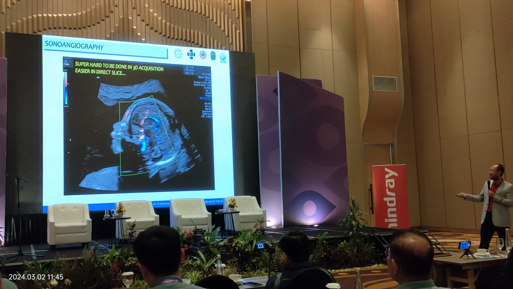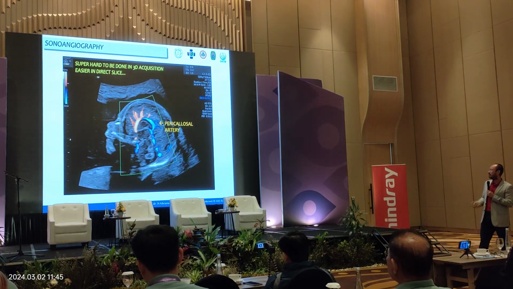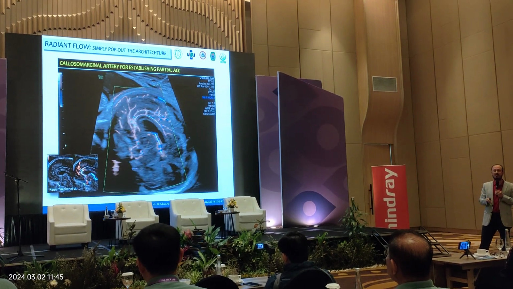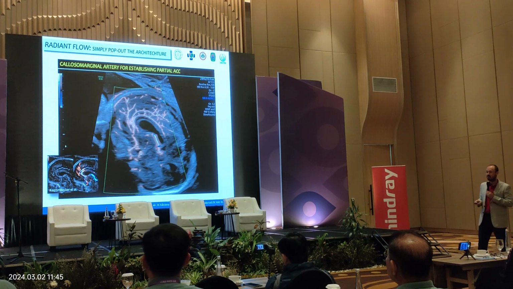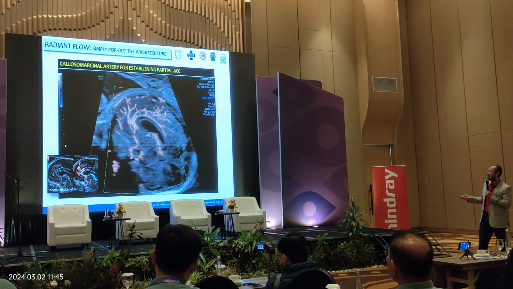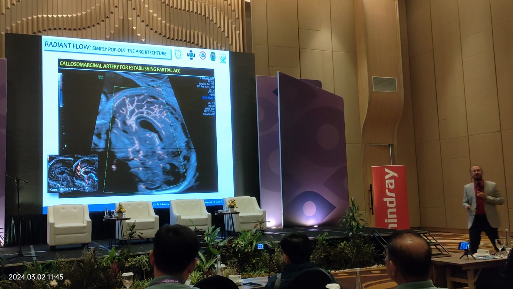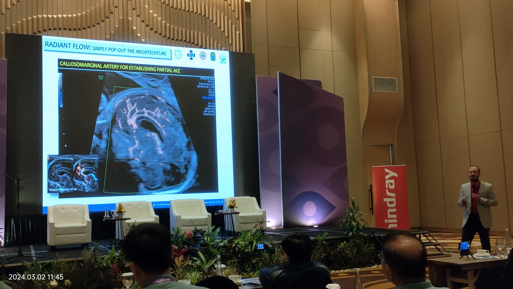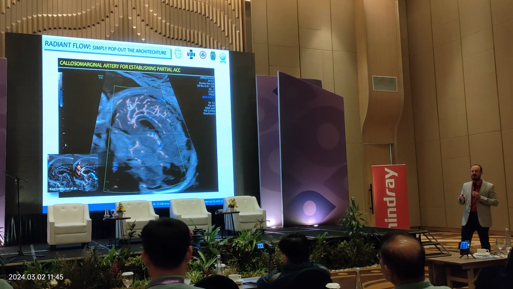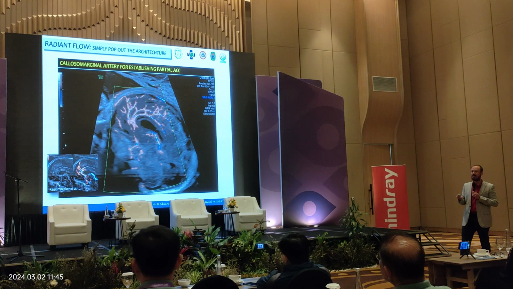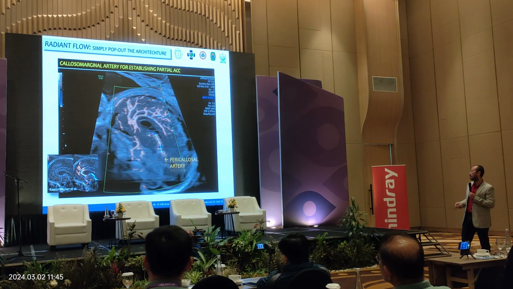It's very hard to find a picture like this, because if we want to see the partial agenesis of corpus callosum, we should see the callosomarginal artery, and we cannot do this by 3-dimensional sonography. So until now there is some disadvantage of doing 3-dimensional sonography.